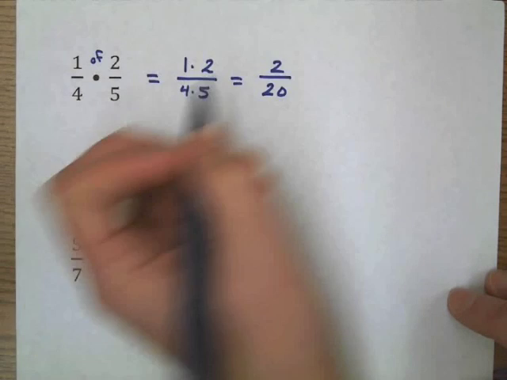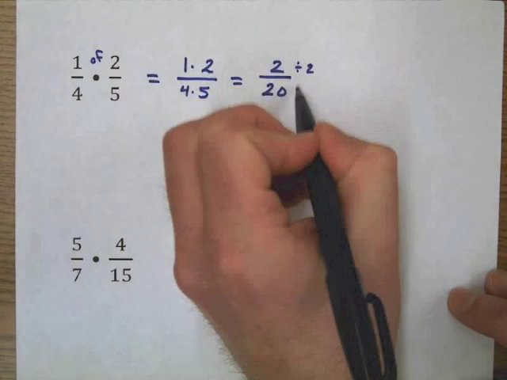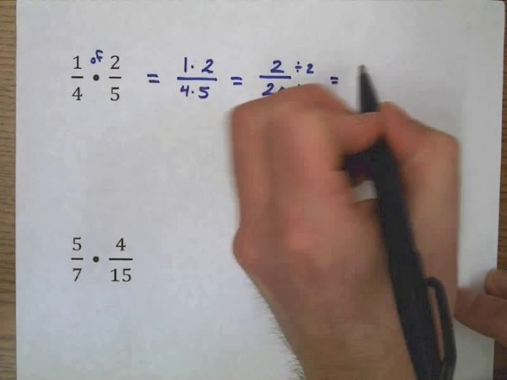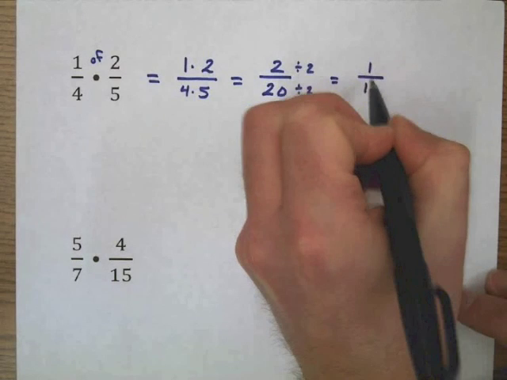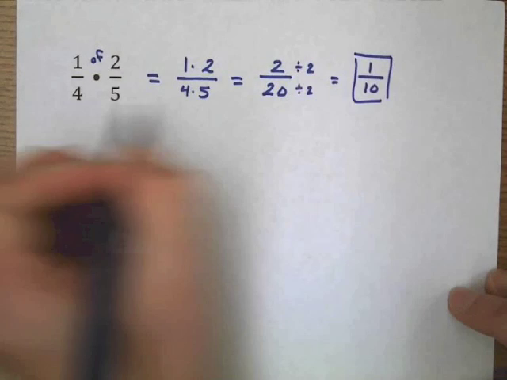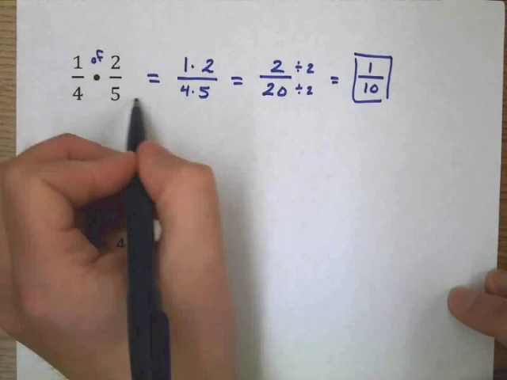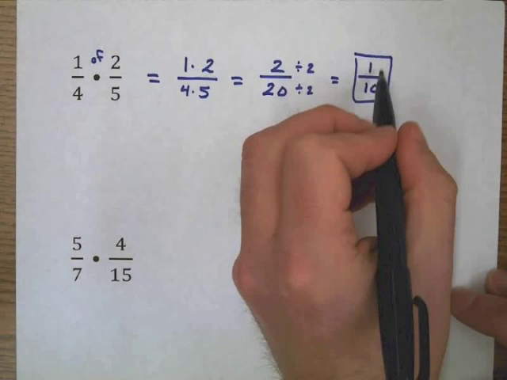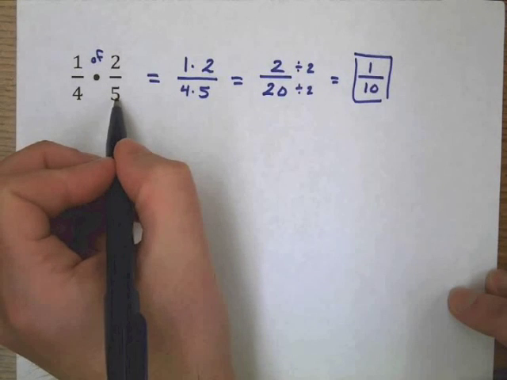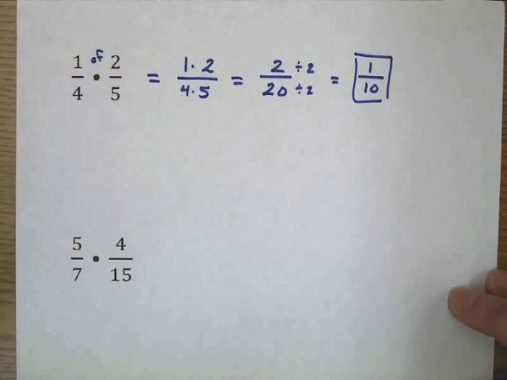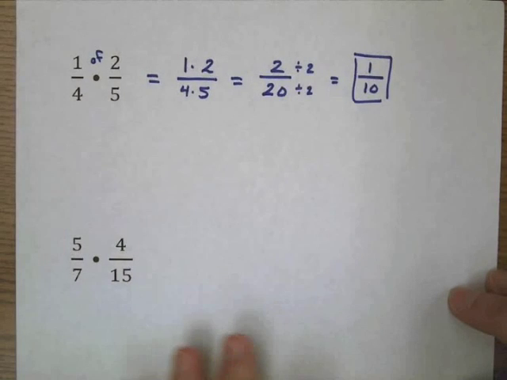And if I reduce that down, divide both by 2, I end up with 1/10. So 1/4 of 2/5 is 1/10, and that is smaller than what we started with. It's smaller than our 2/5. So it's a reasonable answer.